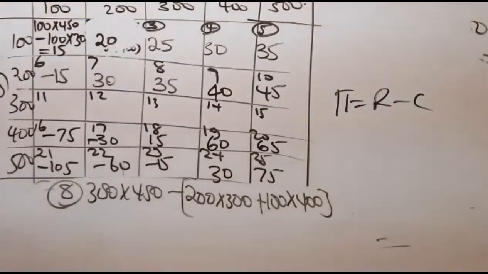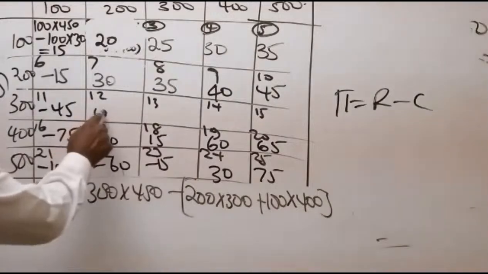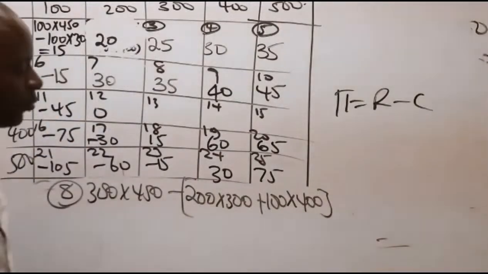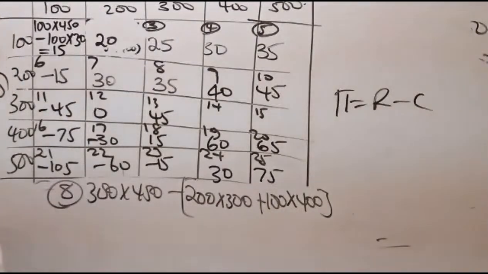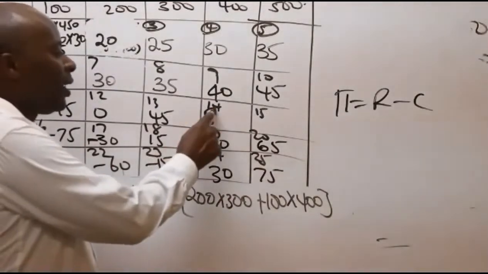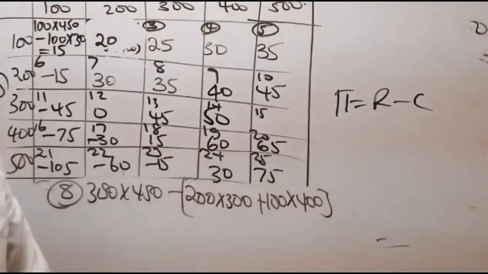So cell 11 is negative 45. Cell 12, I'm being told, is 0. Cell 13, I'm being told, is positive 45. Right, thank you very much. How about cell 14 and 15? Are they 50 and 55? 14 is 50. Lastly, 15 should be 55.